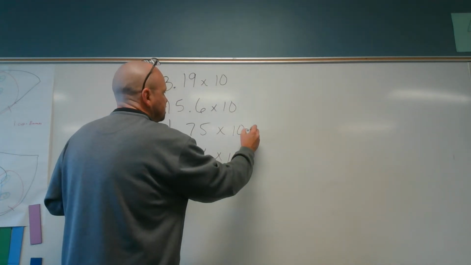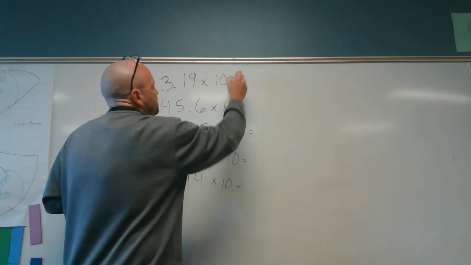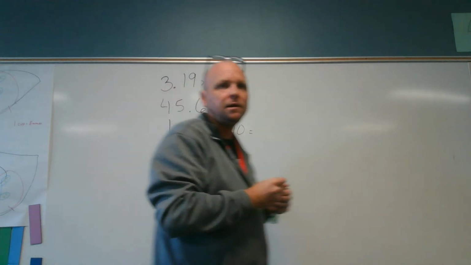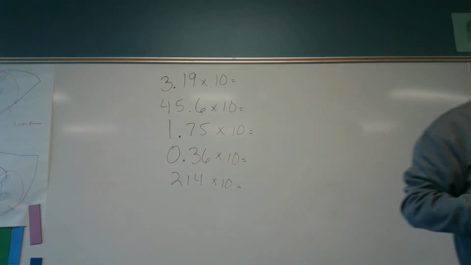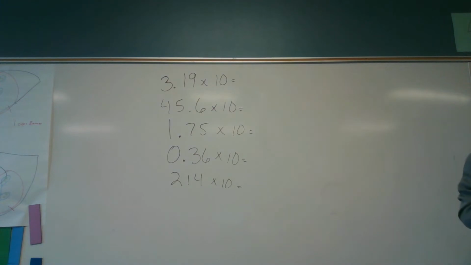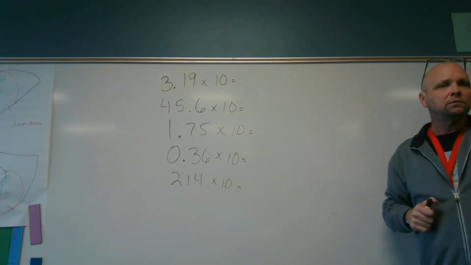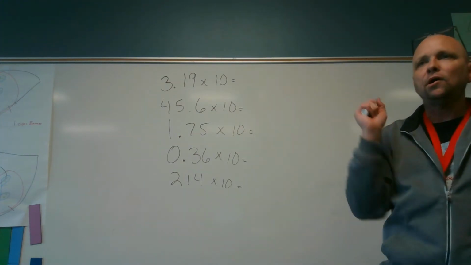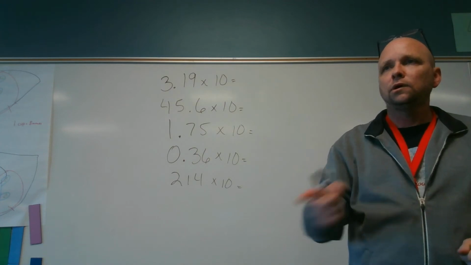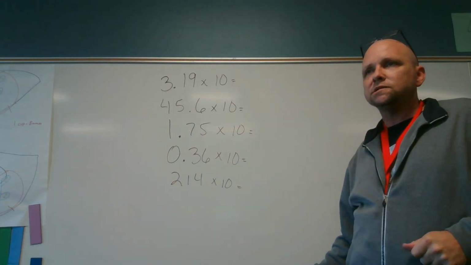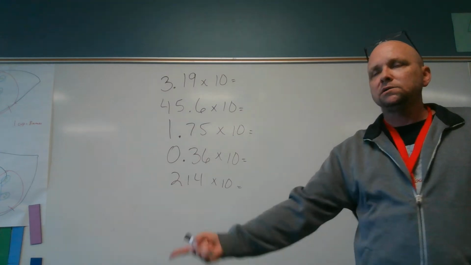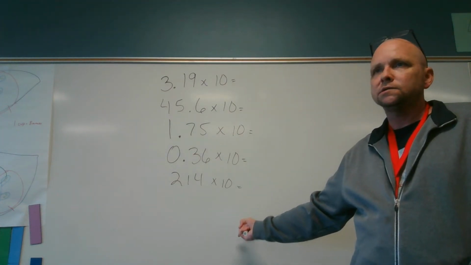So I just made those up off the top of my head by reading the board over here and having these problems that are on the assignment due tomorrow. So now, pause the video, do these 5 problems, and when the video's unpaused, we'll quickly go over these.